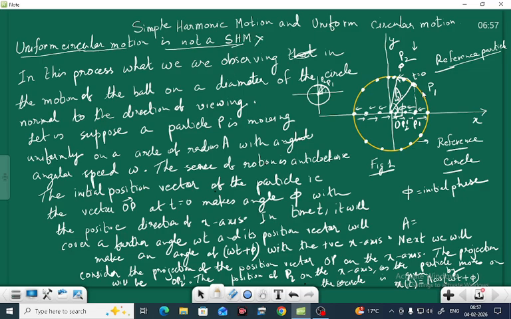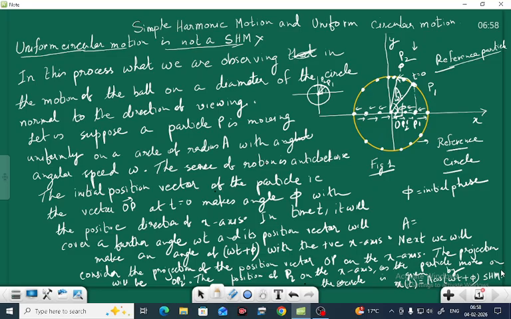But if we compare the projections of a particle moving in a circular motion, then the projections can be considered as a simple harmonic motion, right? So this is the defining equation of SHM, x(t) equal to a cos(omega t plus phi). So this is the equation of SHM, right?